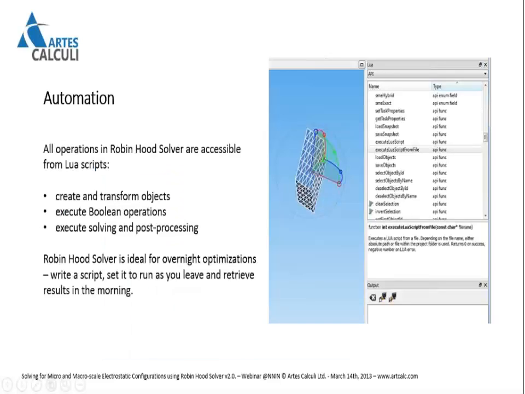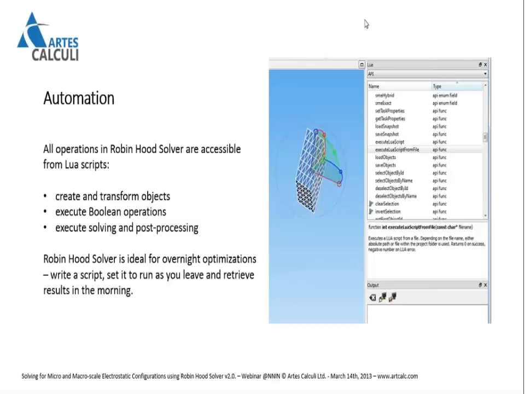Since we know that your time is valuable, we have also extended a lot of efforts to automate a lot of things inside Robin Hood solver. So to automate tasks and processing, we have built in a Lua interpreter. We have chosen this language because it is very powerful and yet it is easy to learn, and it does not require a lot of computing resources.